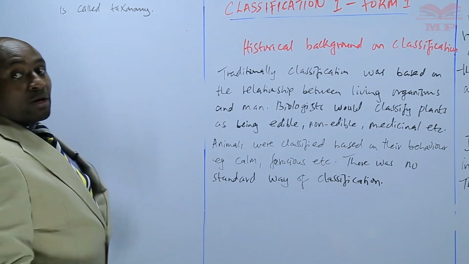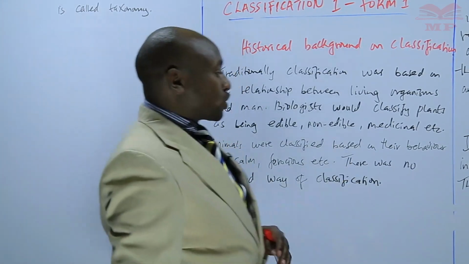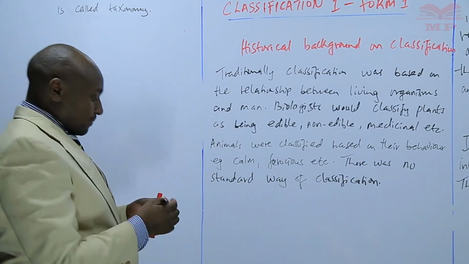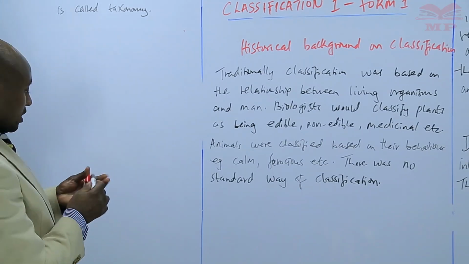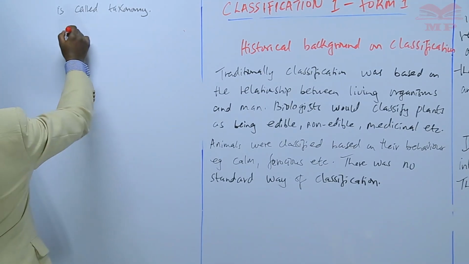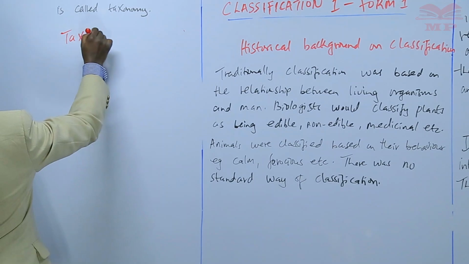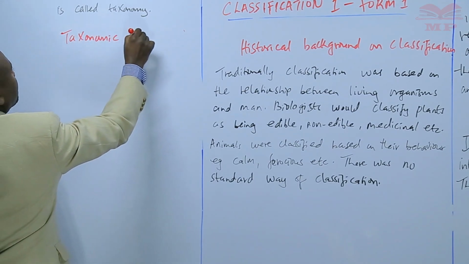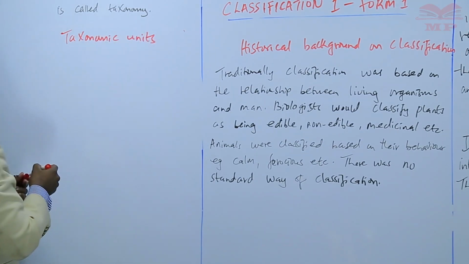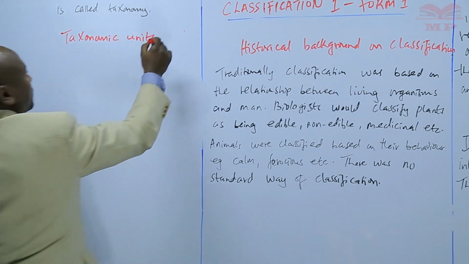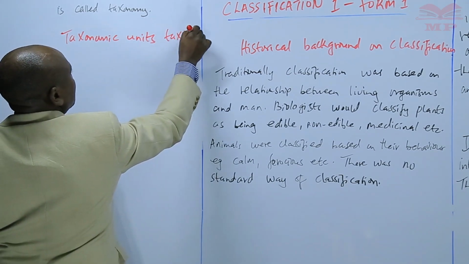So the biological science behind classification is called taxonomy. So let's look at the taxonomic units. Also known as the taxons.